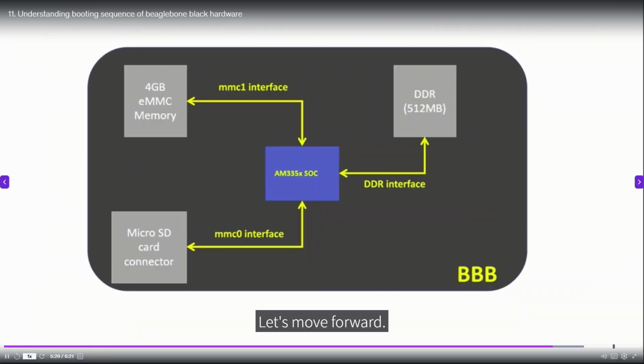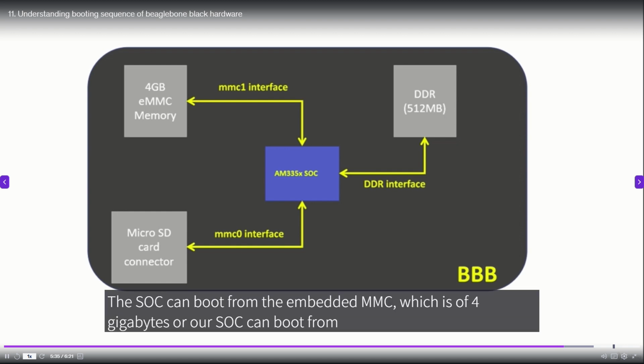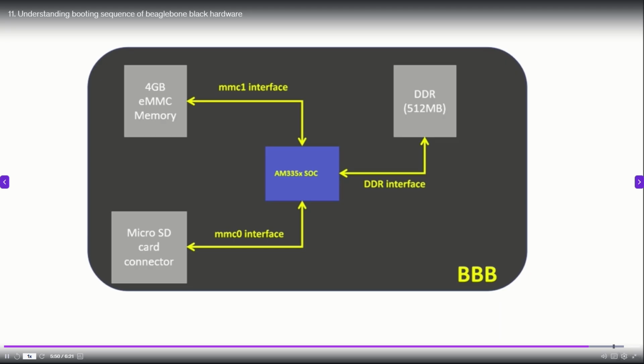Let's move forward. So in summary, our board has got 2 important interfaces. The SoC can boot from the embedded MMC, which is 4 GB, or our SoC can boot from an external interface such as the micro SD card connector.